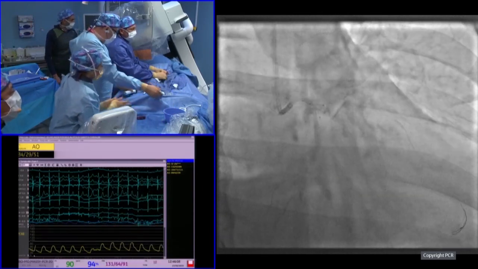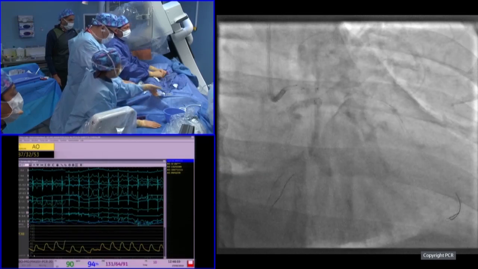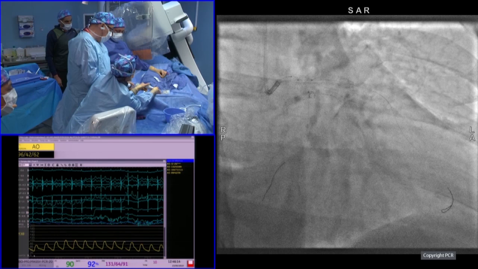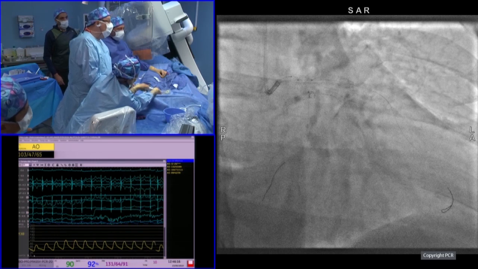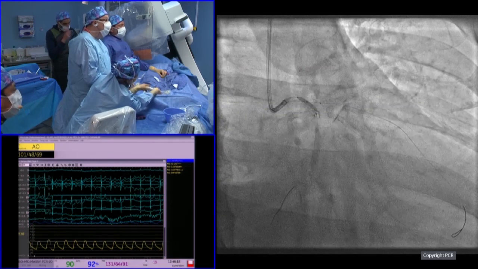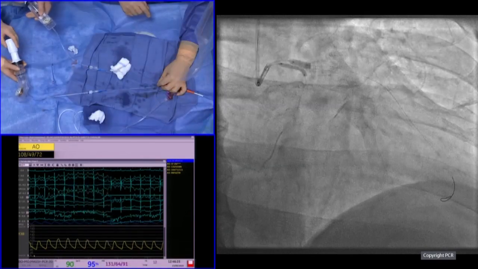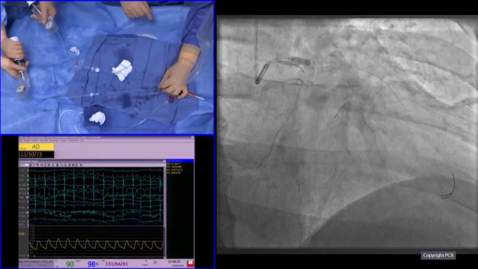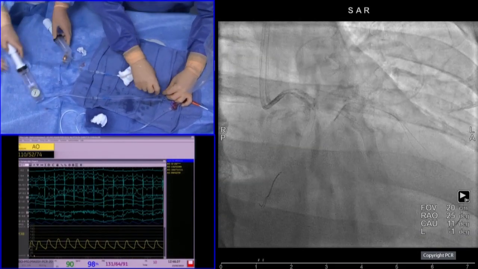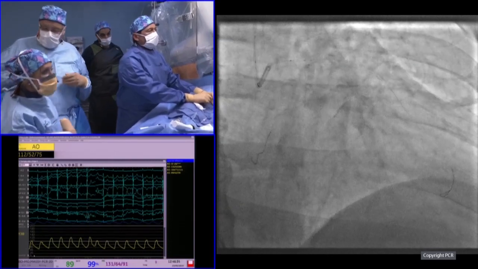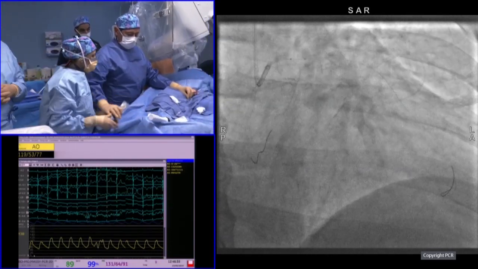And Bernard, Philippe, we had also a question about the new strategy, POT-side-POT, but you still only do kissing in the left main for the provisional approach. Yes, we still use traditional kissing because we think that it's not so easy to correct the distortion you create with the side opening.